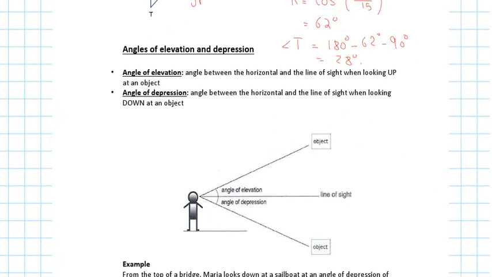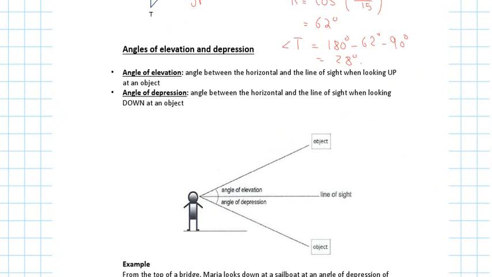A lot of times in word problems, they're going to say a person standing on the ground and looking up to the sky, and there is, I don't know, a bird, and the angle of elevation from that person to the bird is 40 degrees.